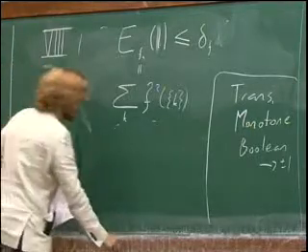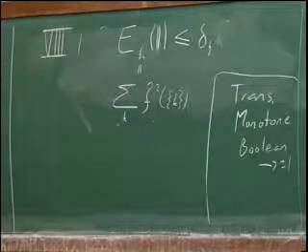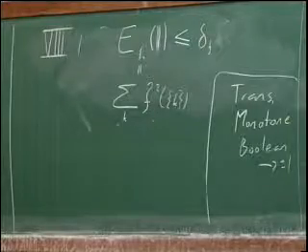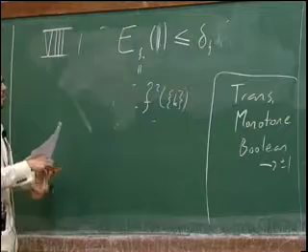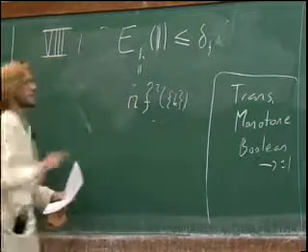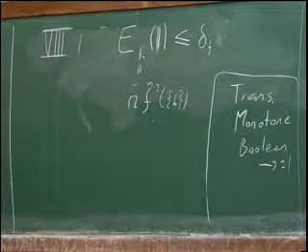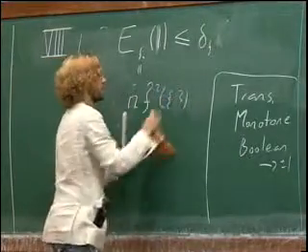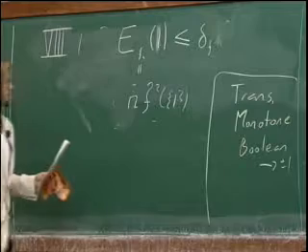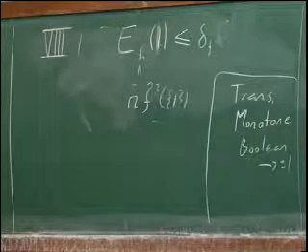For a transitive Boolean function, all these things will obviously be the same. So we're just going to get n times this Fourier coefficient squared.